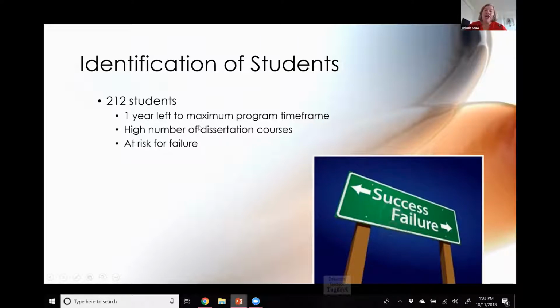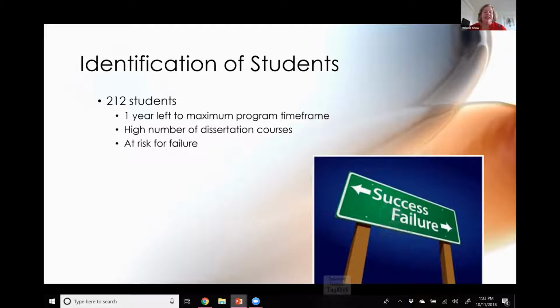So we started this research with a sample population of over 200 students. These students were considered at risk, and the ways that we identified these students as at risk is they had to meet several criteria.